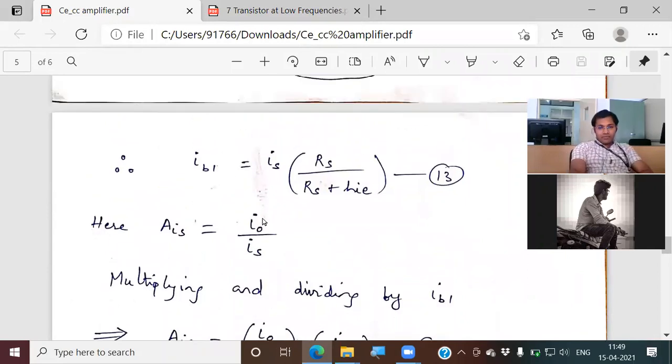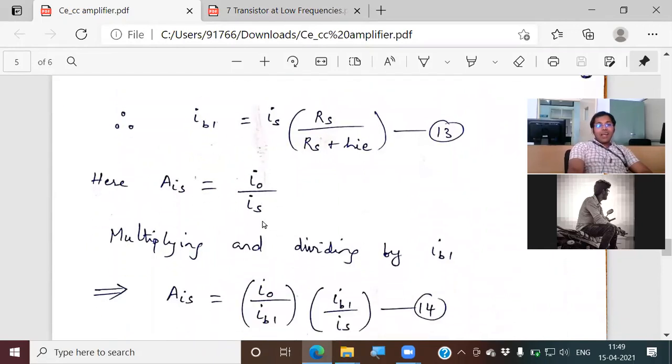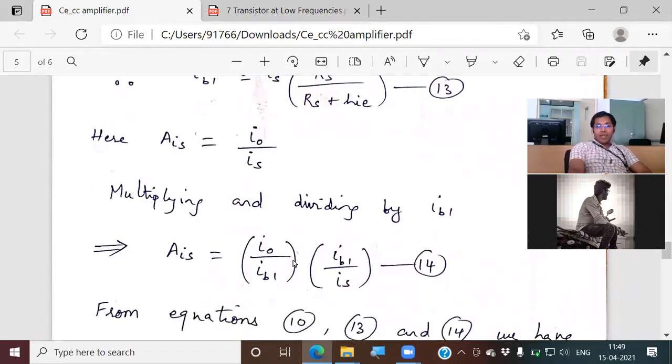Now this I can split like this. If I multiply and divide with IB1, can I write like this? Yes or no? The same expression, I am multiplying and dividing with IB1. So I naught by IB1 into IB1 by Is. Can anyone tell me why am I doing this?